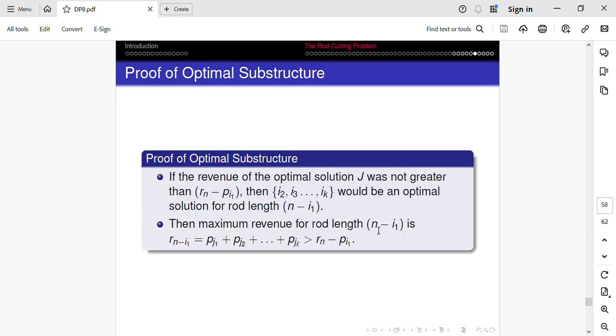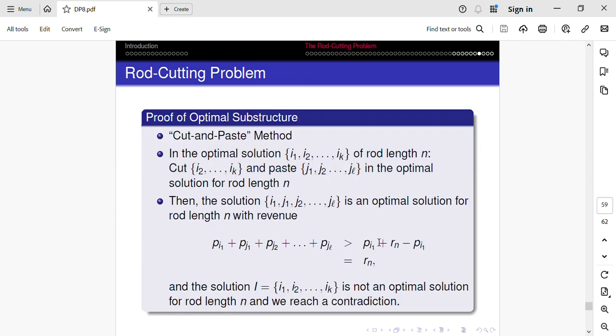That means the maximum possible revenue for rod length n minus I1, R sub n minus I1, in the recursive formulation, is the sum Pj1 + Pj2 + up to Pjl, which is strictly greater than Rn minus Pi1.